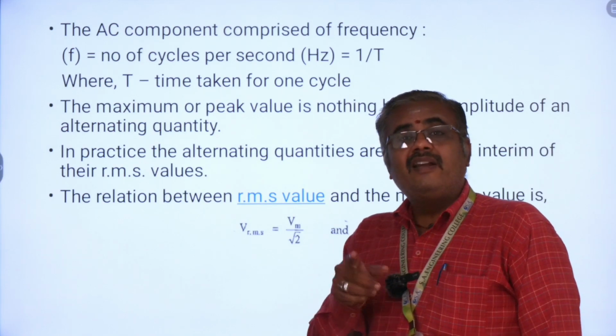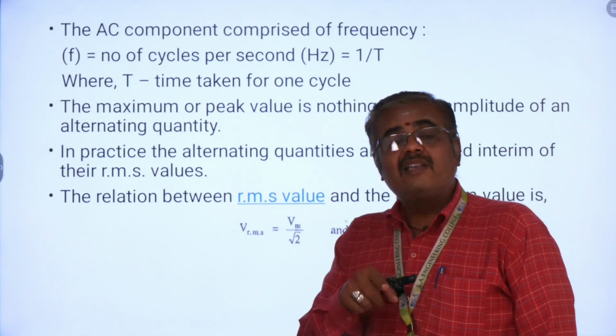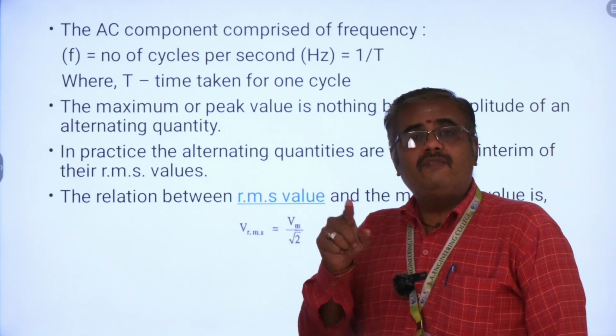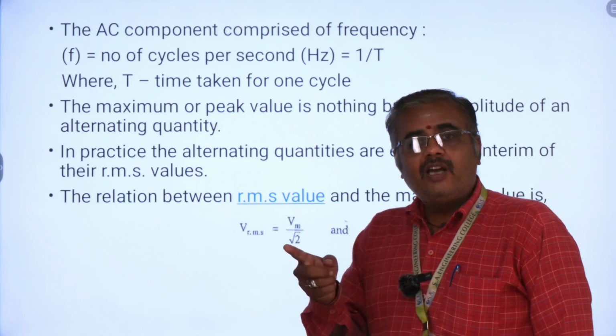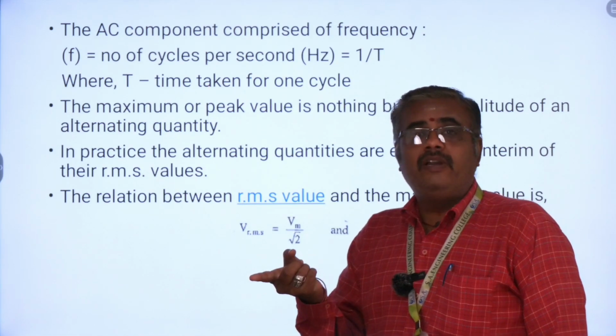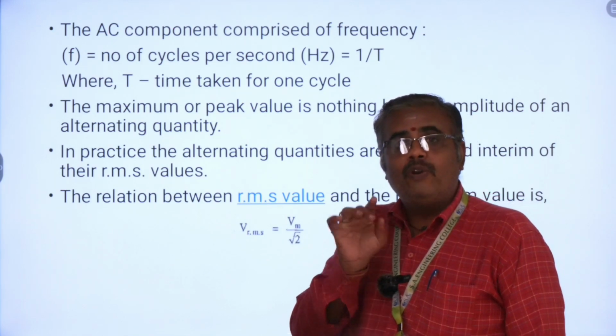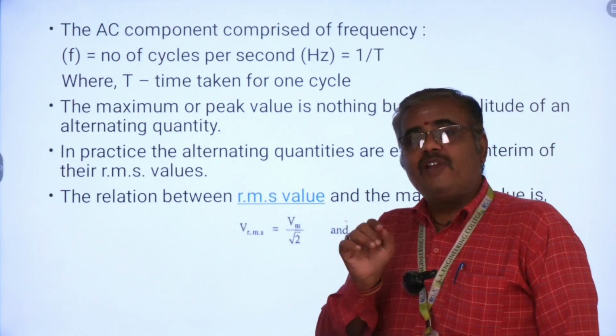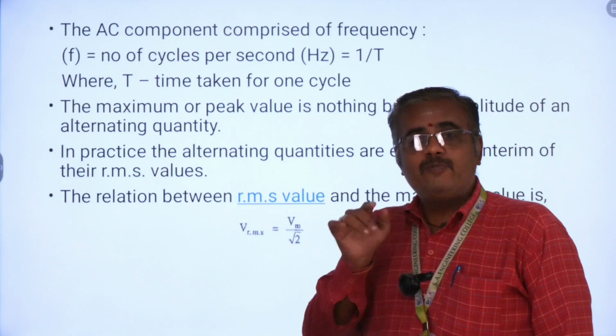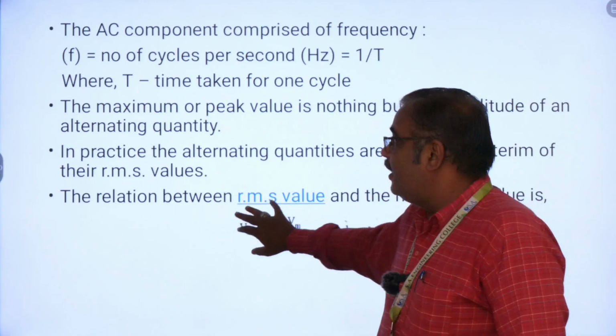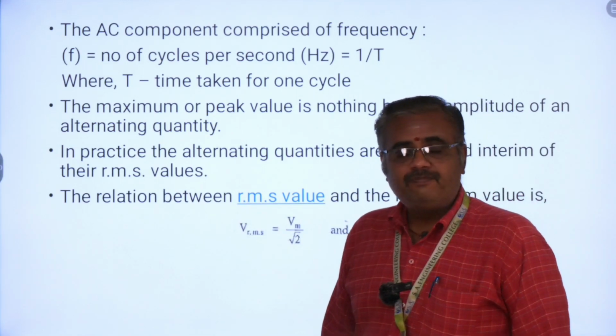Therefore, we can state that the current lags the applied voltage. The angle will be 90 degrees for a pure inductive circuit. So the current flow lags the voltage by 90 degrees.